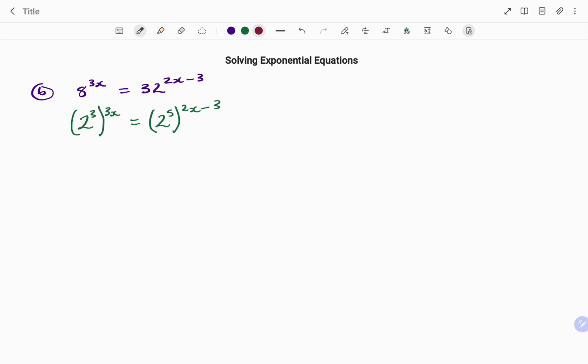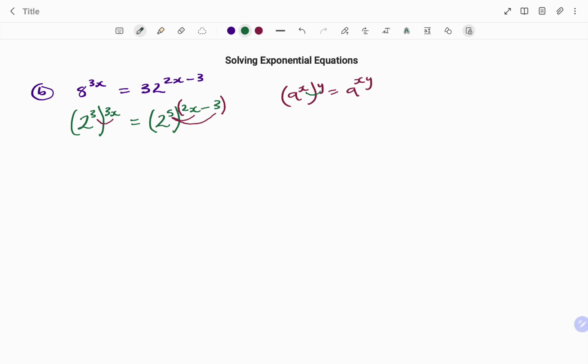Applying the laws of exponents, that's power to a power, that states that if I have a base raised to a power and raised to another power, we multiply the powers, and that will give us a to the power of x times y, which is xy. So we are going to do the same. We have 3 multiplying 3x, and on the right hand side, because the power outside is an expression with two terms, we have the 5 multiplying all the content of the brackets, that's 2x minus 3.